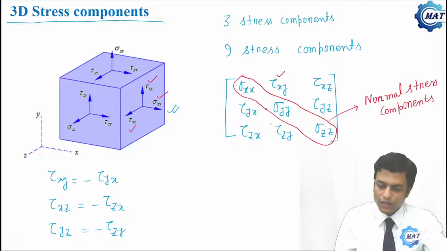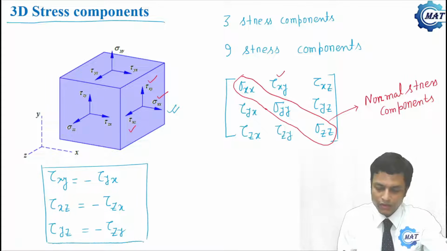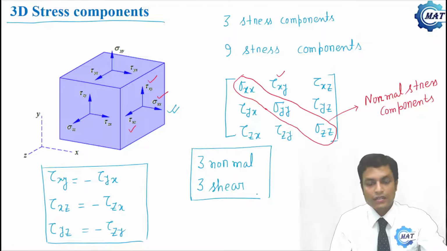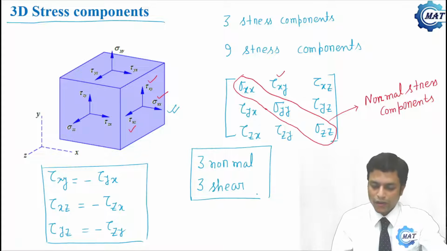So these 6 stress components can be defined by 3 components. So there are 3 normal and 3 shear stresses. So 6 stress components can define the state of stress in a 3D mechanical component.